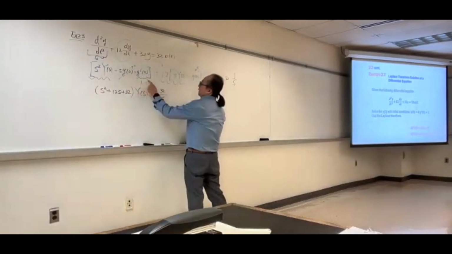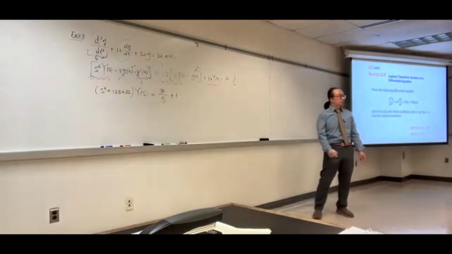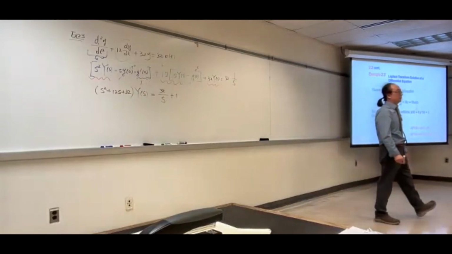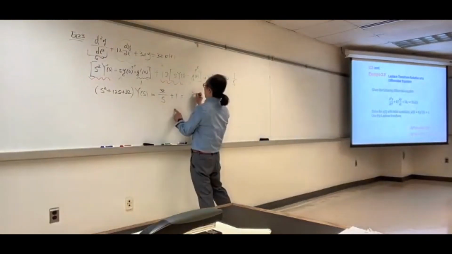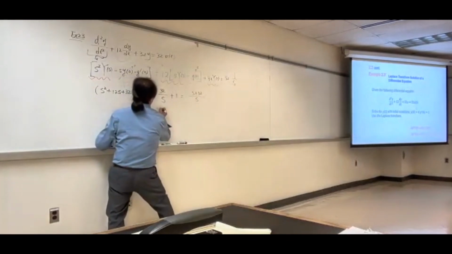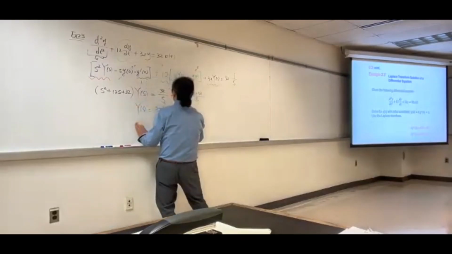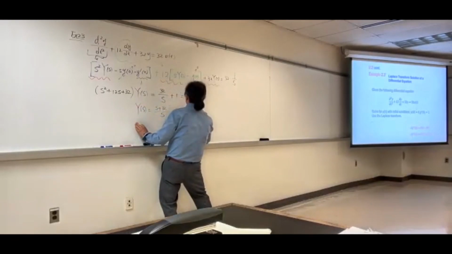And then we have plus 1 right there, because y prime of 0 is 1, and that's the -1. Move it over to the other side. That's the positive 1. Combine these two, and we get (s plus 32) over s. Then Y(s) equals (s plus 32) over s times 1 over (s squared plus 12s plus 32).